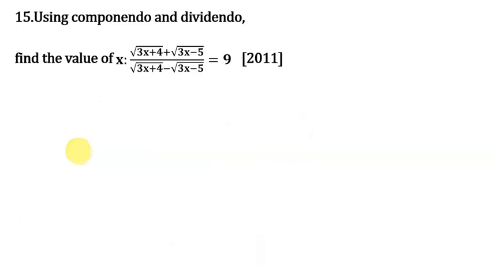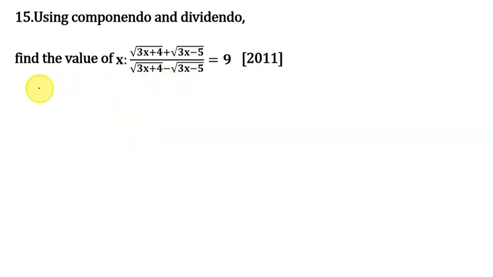Now here is also a similar problem using componendo and dividendo to find the value of x. Root of 3x plus 4 plus root of 3x minus 5 upon root of 3x plus 4 minus root of 3x minus 5 is equal to 9.